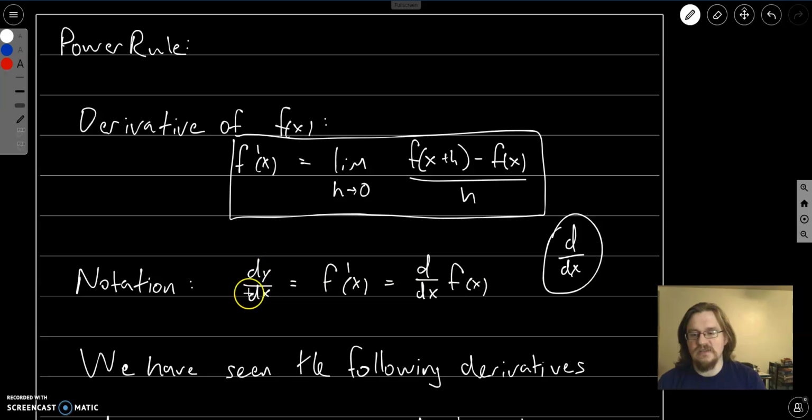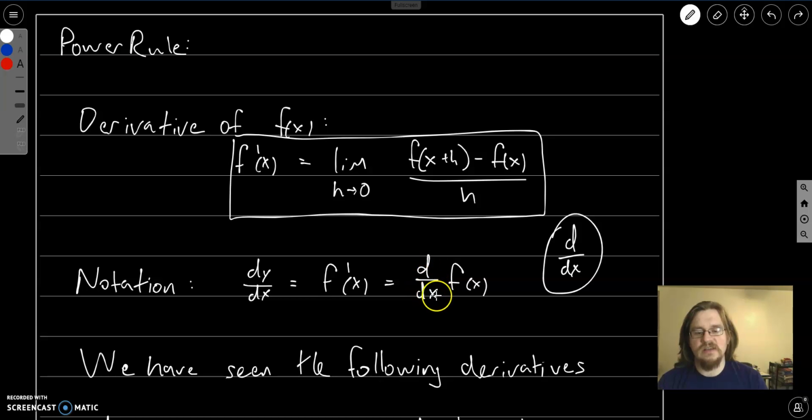If I write dy dx, I'm saying that I'm taking the derivative of y, which is the height of a function. Or I can write that explicitly, d dx of f of x, which just says the derivative of f of x.